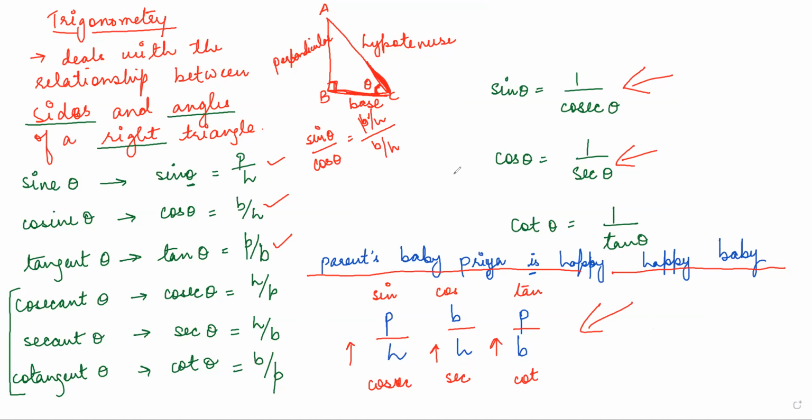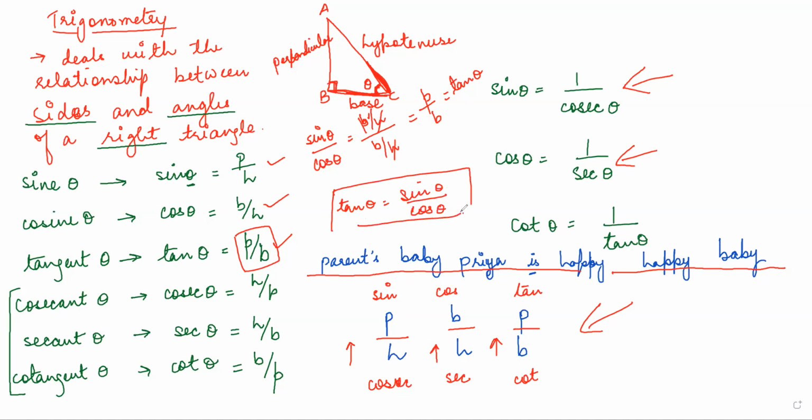So the h cancels out and I'm left with perpendicular upon base. What is perpendicular by base? That is my tan theta. So this is another relationship you can remember: tan theta is sine theta by cos theta, because I have already checked it and it comes out equal.